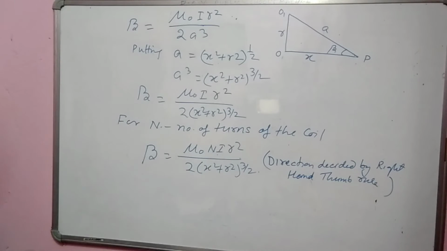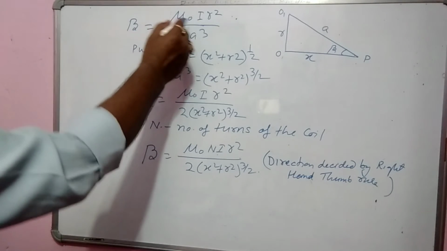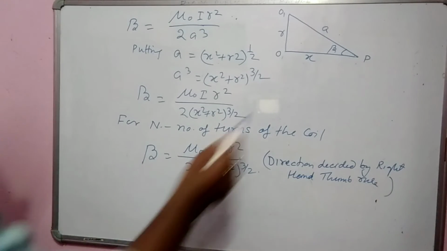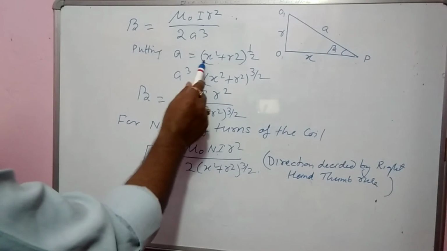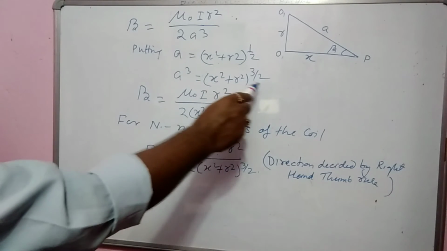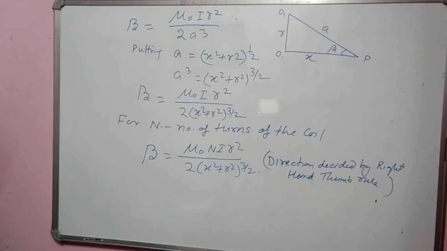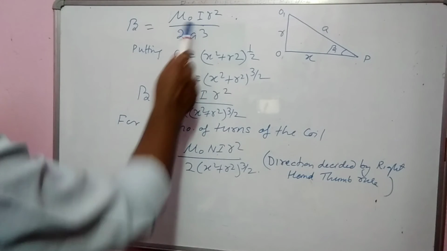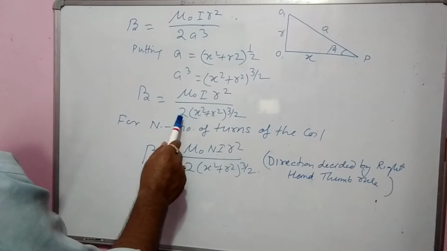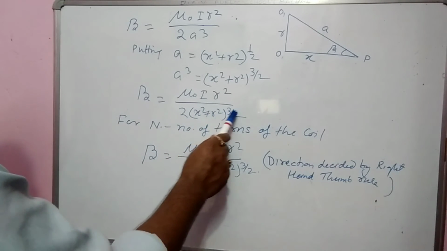So in the next step, B is equal to mu naught I r square by 2 a cube. From this figure we can write a is equal to x square plus r square to the power half. Therefore a cube has this value, and substituting it in this equation, we get B equal to mu naught I r square divided by 2 into x square plus r square to the power 3 by 2.